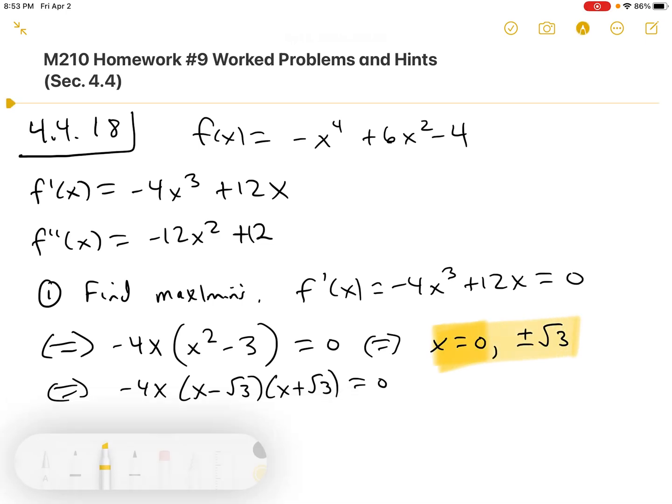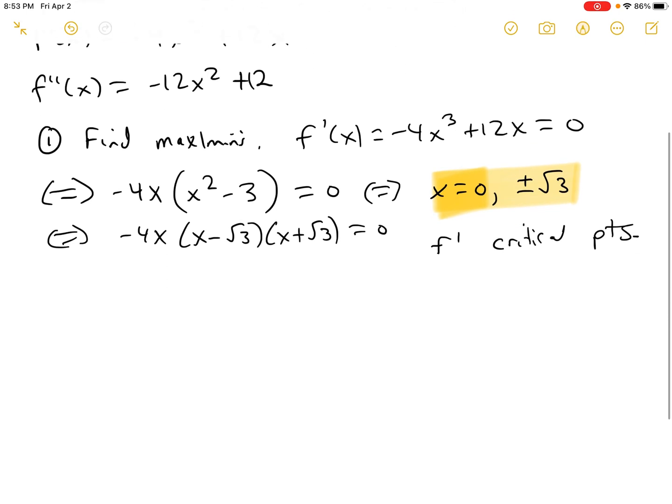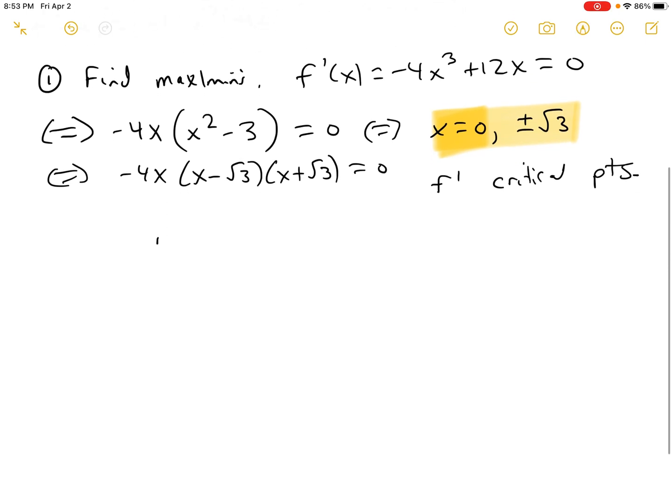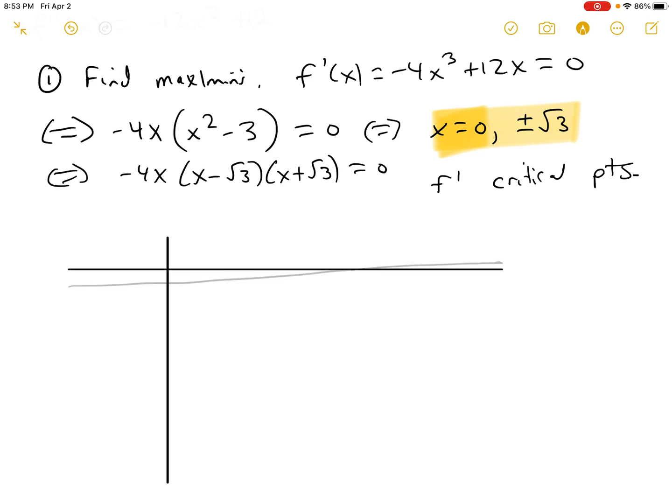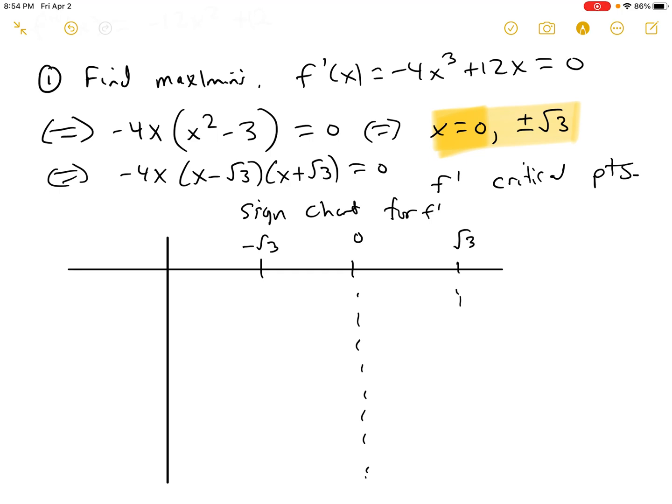Here's our f prime critical points. Okay, so we make a sign chart for f prime, and we have 0 in here, and we have minus the square root of 3, and we have plus the square root of 3.